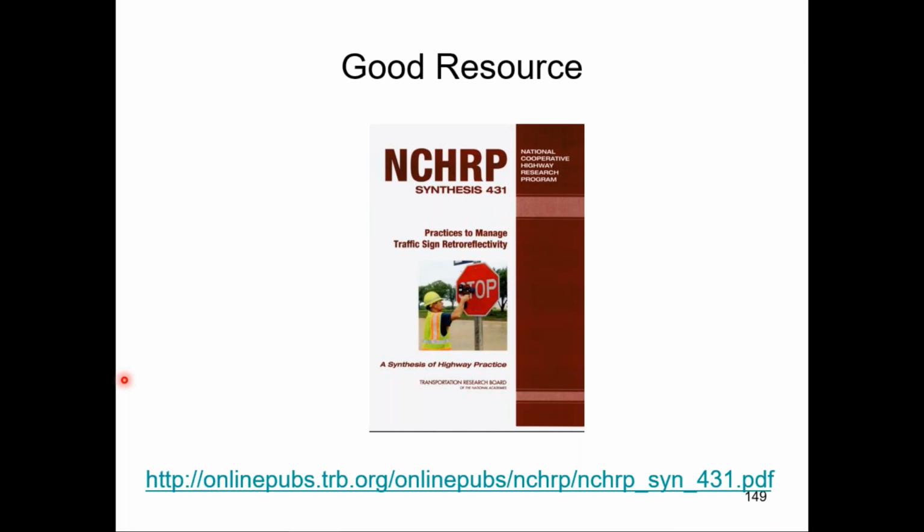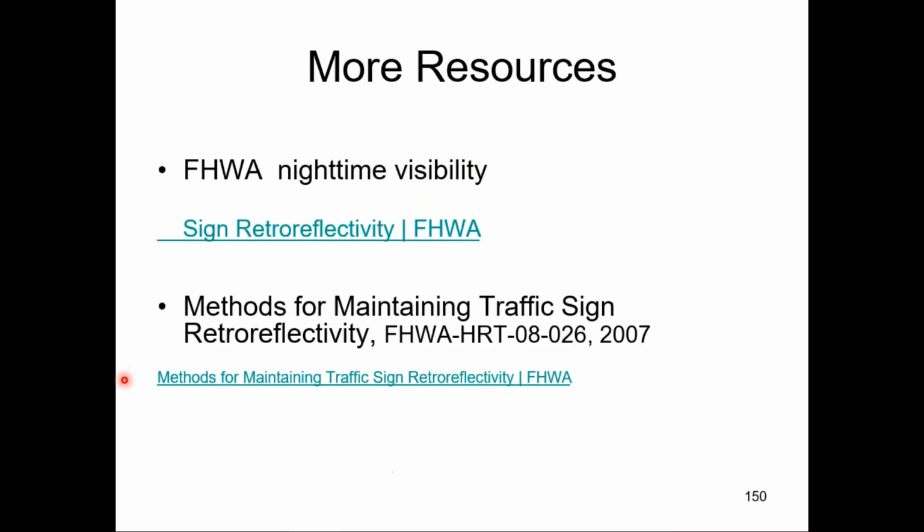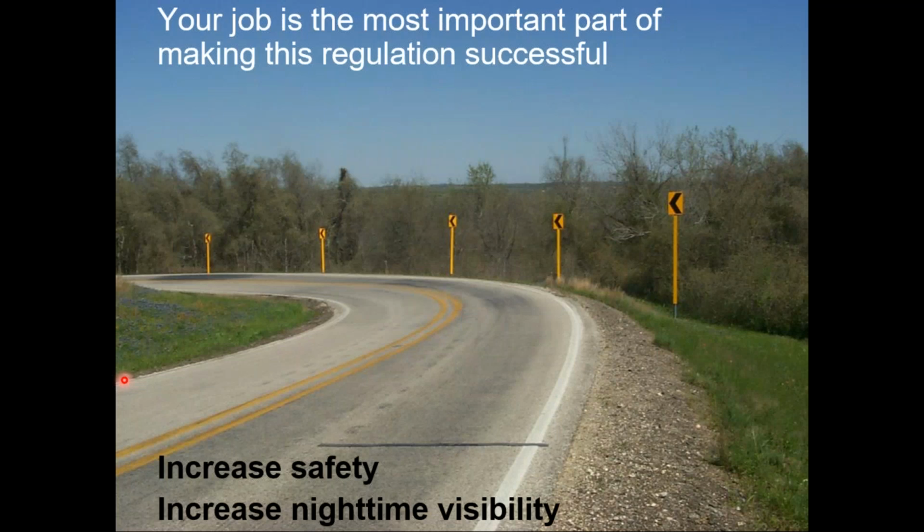So if you're looking for ideas of how other agencies have handled this, this would be a good resource. Also, the Federal Highway Administration has a sign retro web page, and the links are included here. So in sum, those of you involved with signing, your job really is the most important part of making this regulation successful.